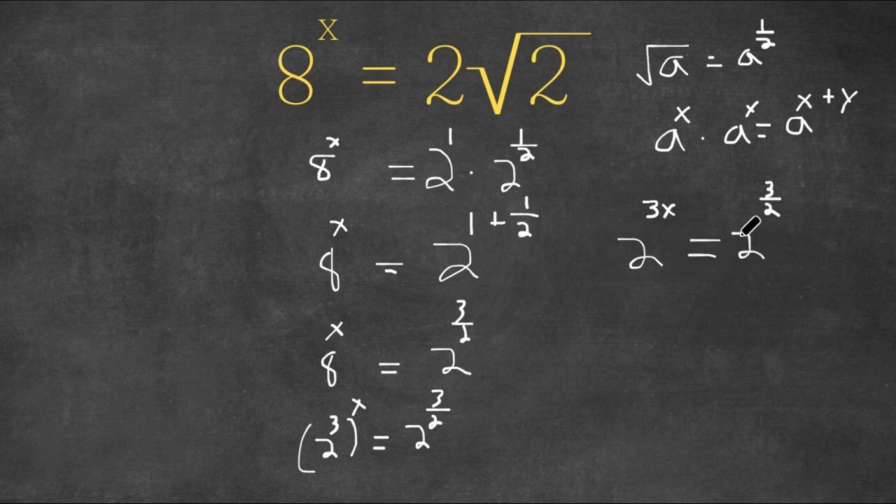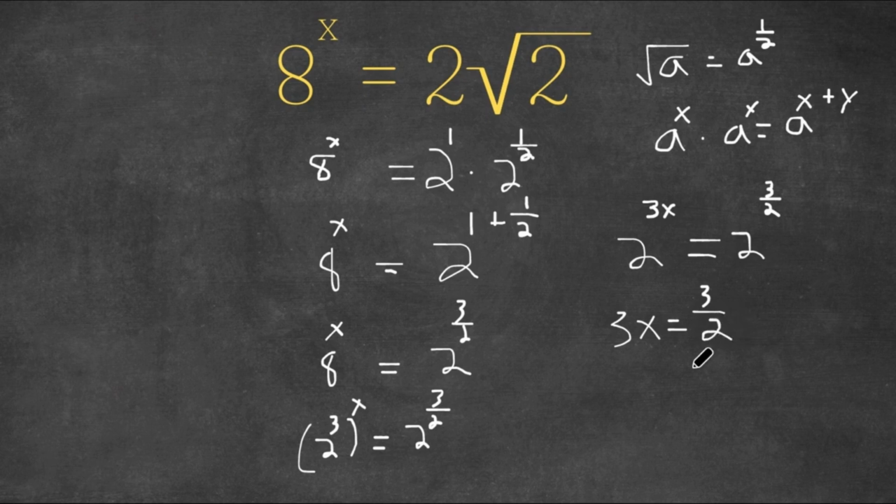Now, because our bases are both the same, we can just set our exponents equal to each other, because if our bases are the same, then so are our exponents. So we can write our equation here: 3x equals 3 over 2. We simply set our exponents equal. And now we can multiply by 2 on both sides.